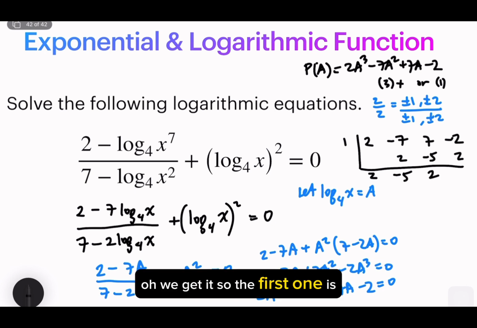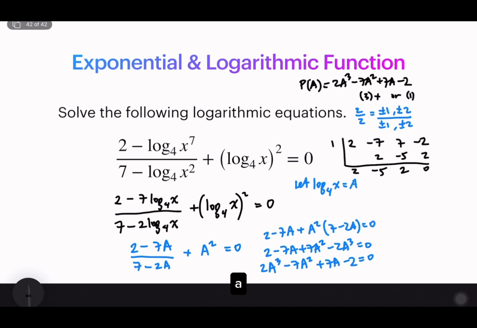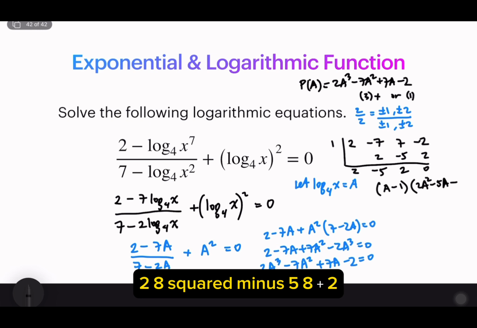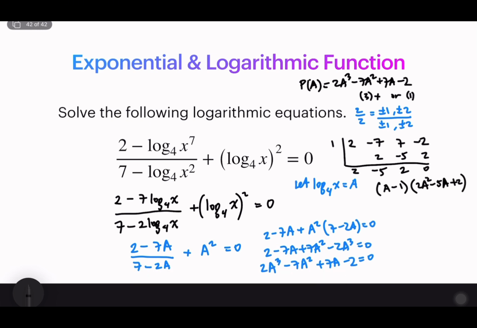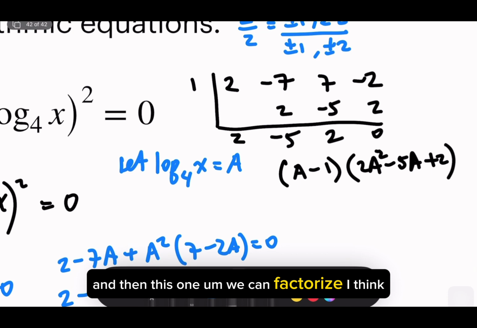Oh, we get it. So the first factor is a minus 1, and then 2a squared minus 5a plus 2. And then this one we can factorize, I think.